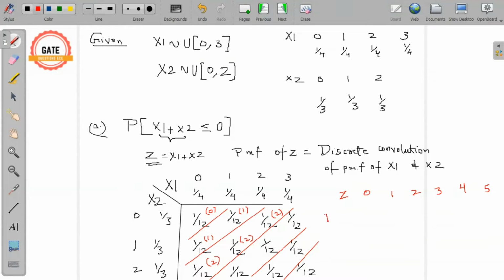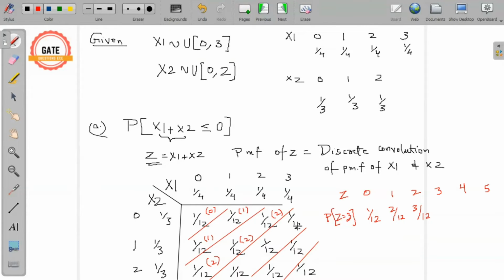So the corresponding probabilities of z is equal to small z will be, here only one element is there, so the answer is 1 by 12. Here for z is equal to 1, we have to sum these two elements, so the answer is 2 by 12. For z is equal to 2, we can see here we are having 3 elements, so the corresponding probability will be 3 by 12.